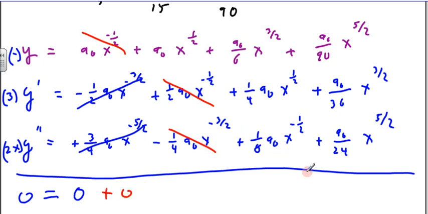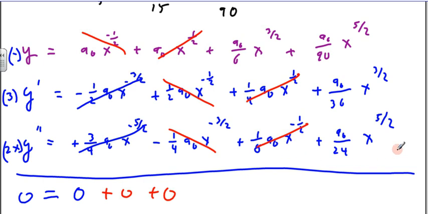Now I'm looking at the x to the 1/2 term. Minus 1 plus 1/4 plus 3/4. That term goes away.